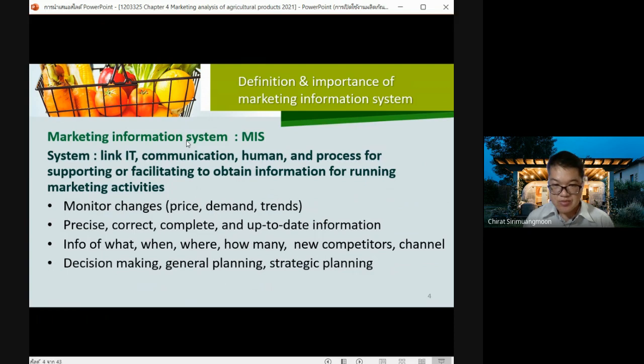MIS also provides information on decision making: how consumers decide to buy products and what factors they consider before making a purchase. MIS is also used to create the general plan for your business, and the information used for strategic planning.